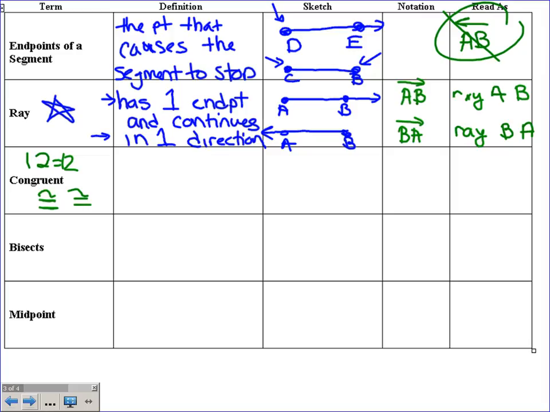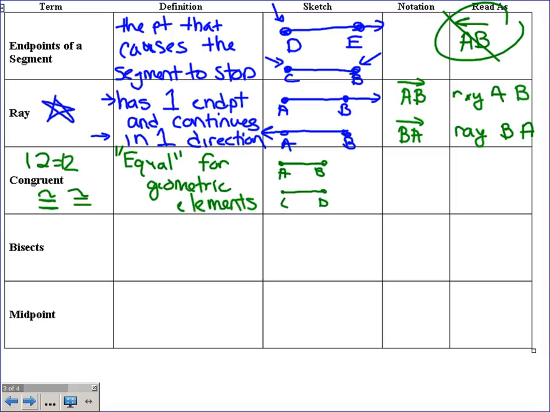So the equal sign is always for numbers. This means equal for geometric objects. You might see something like this: AB and CD. If they're both, say, 4 centimeters long, or they have a tick mark on there, that means the same length.